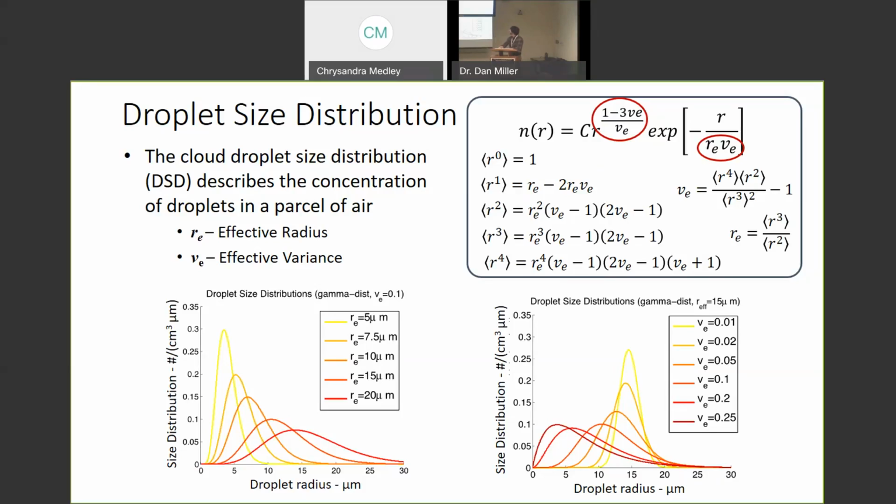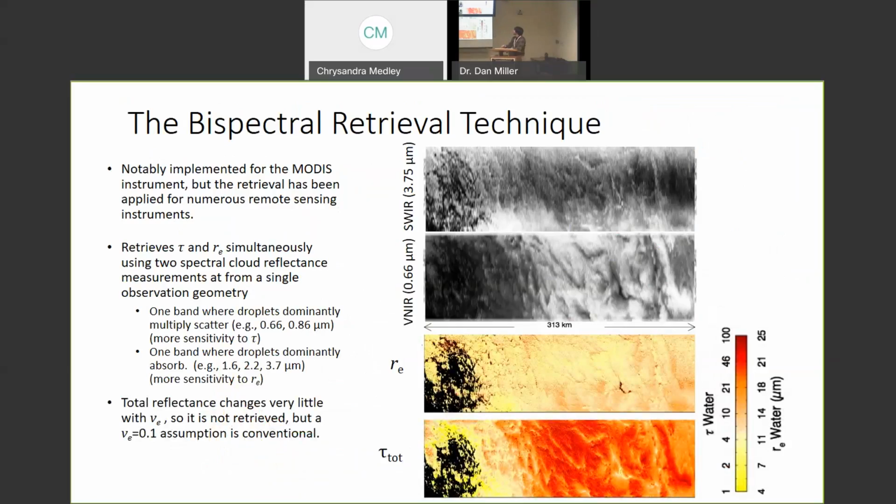And so let's see. The first thing is that there are a couple different ways of doing cloud remote sensing from passive shortwave platforms. Most notably, there's the bispectral retrieval technique. Some people call it the Nakajima King method, after the authors of one of the papers about it.